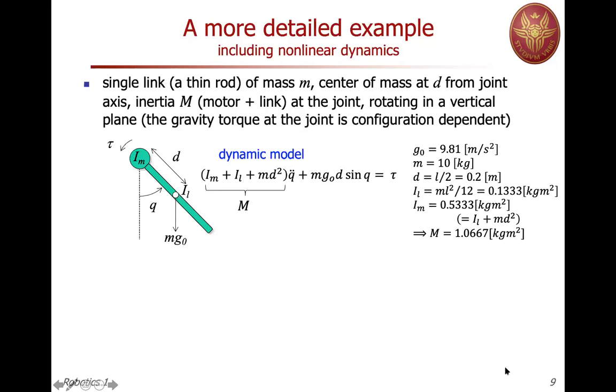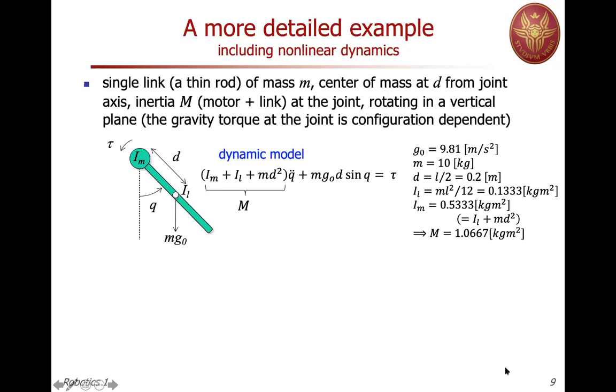axis. At the center of mass, you apply the gravity force, which is the small m mass of the link times the acceleration 9.81 meters per second squared, always pointing downwards.